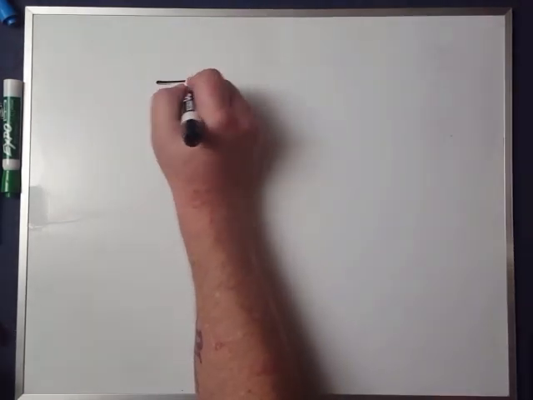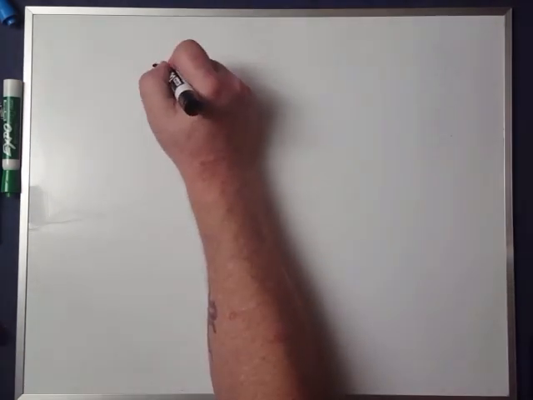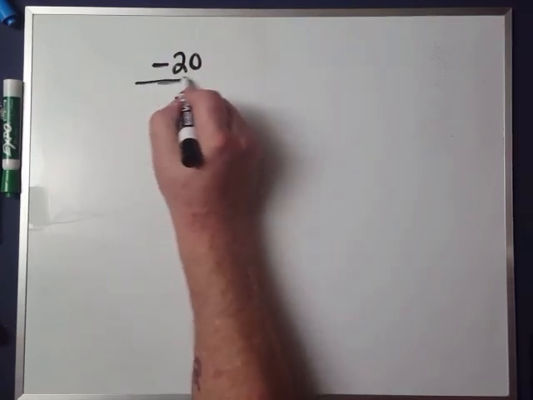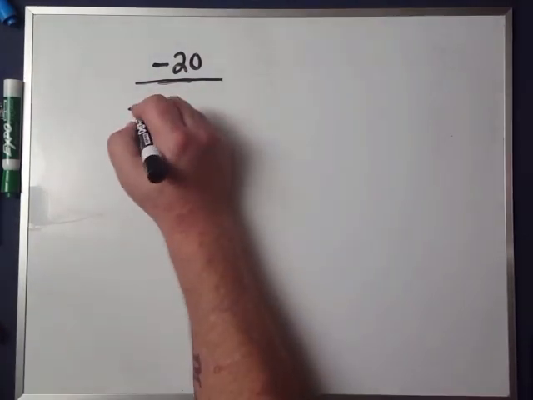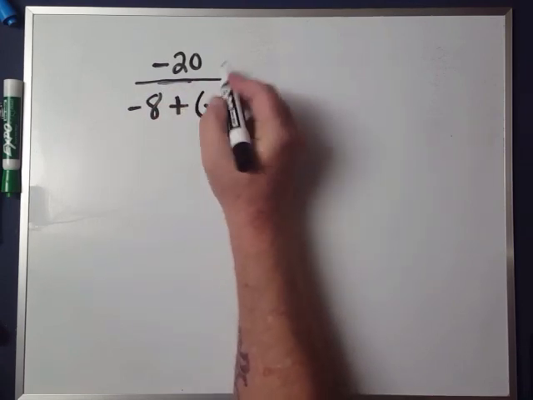In algebra, division is typically a fraction bar. The quotient of what? This and that. The quotient of negative 20 and the sum. The sum of what? The sum of negative 8 and negative 2.